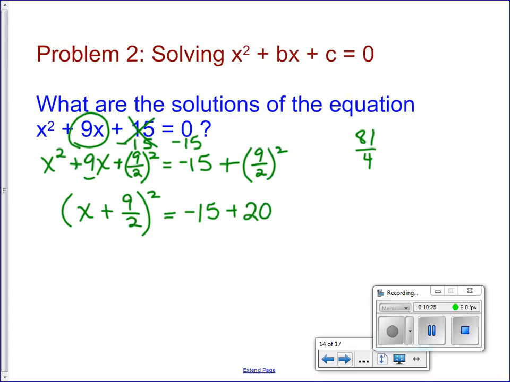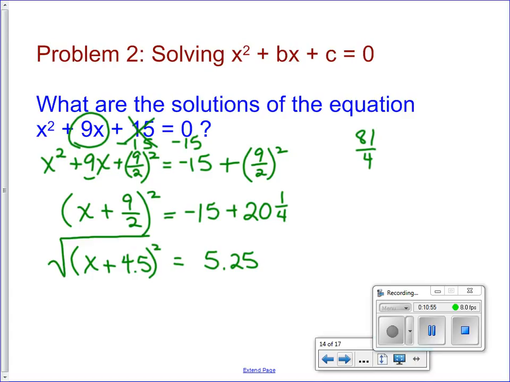It would be 20 and 1/4, or you may prefer 20.25. Either way. Let's go ahead and I'm going to rewrite this again. And I'll go ahead and change my 9 over 2 to 4.5. And on the right-hand side, I've got 5.25. And I'll go ahead and write it as a decimal.